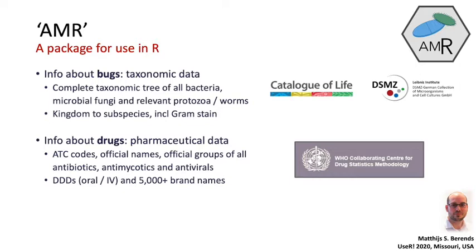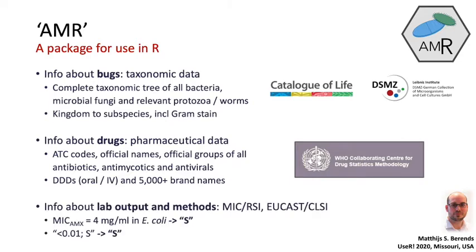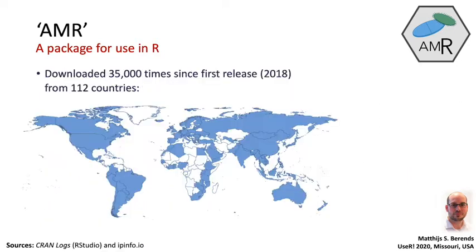So antimycotics are for treatment against fungi, and we also included 5,000 brand names and DDDs, which stands for Defined Daily Dose. And we taught the package to understand laboratory output and methods. If you work in infectious diseases, this really makes sense, but I think I'll skip it now.